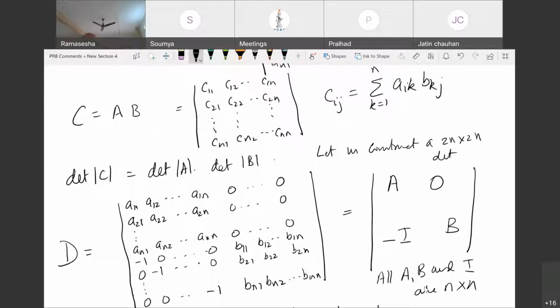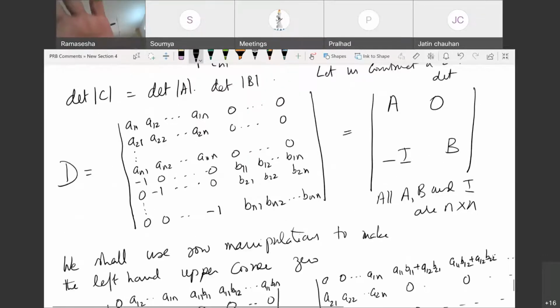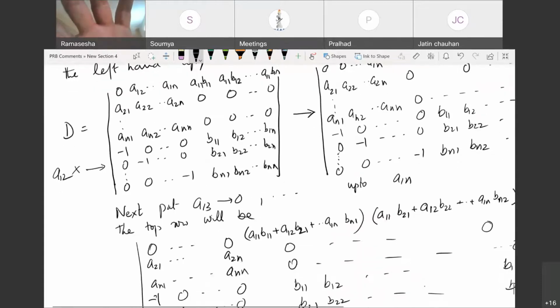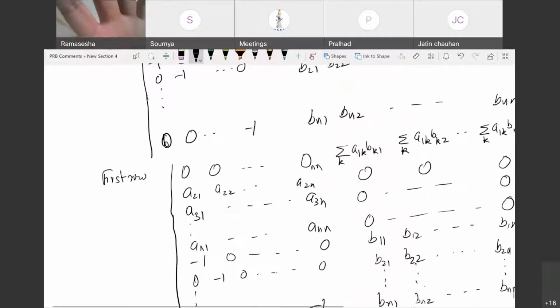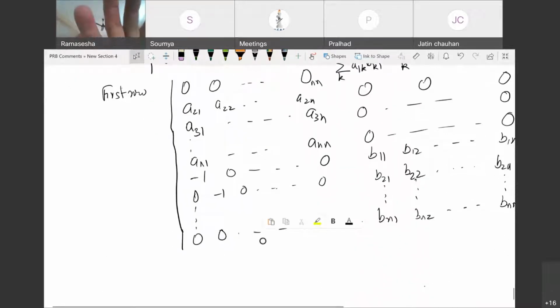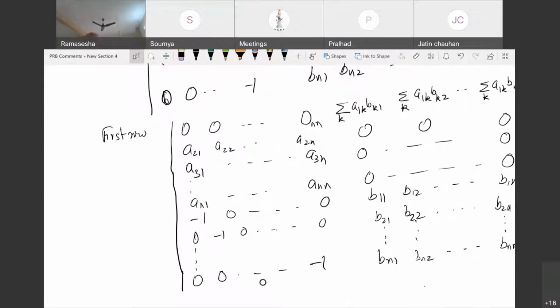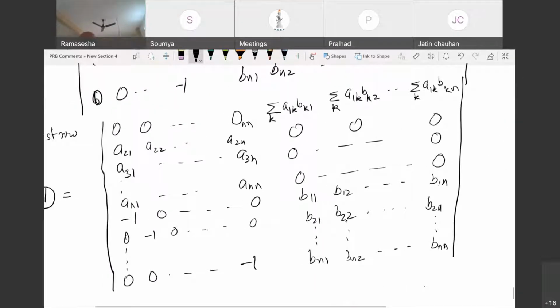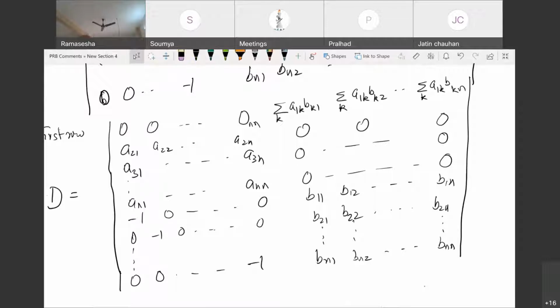Yes, sir. For that I started with a different determinant D, which was A, 0, minus I, B. Then I made all the row operations and so on, so that I got D to be equal to the following. So D turned out to be this, right?